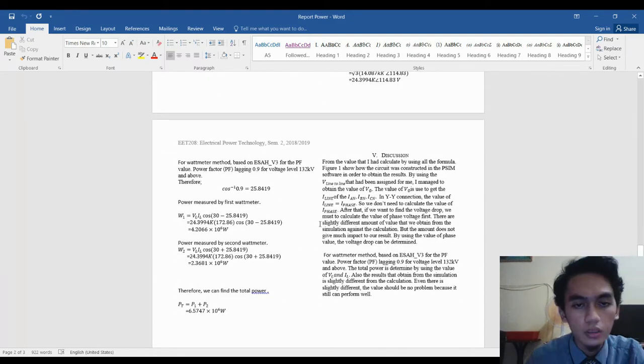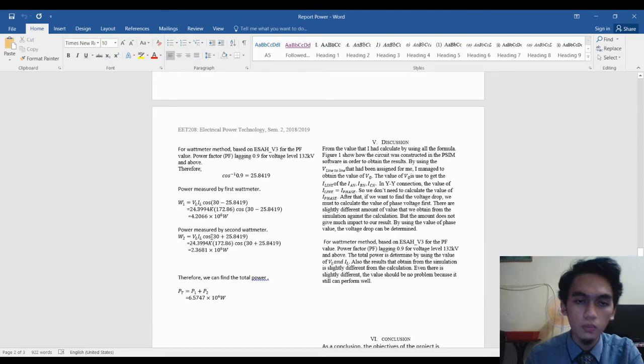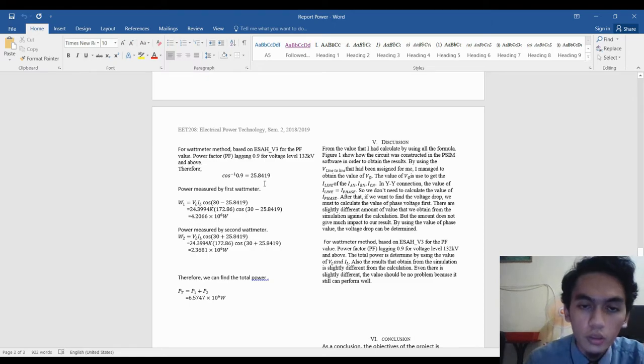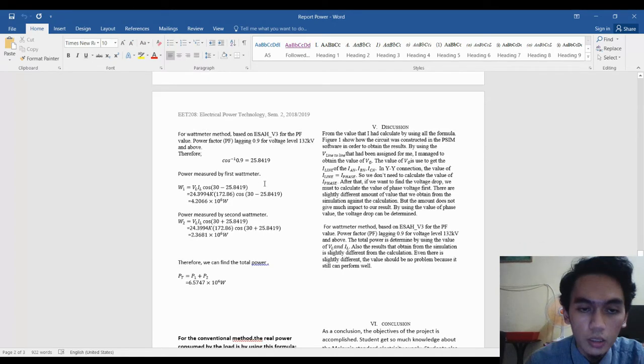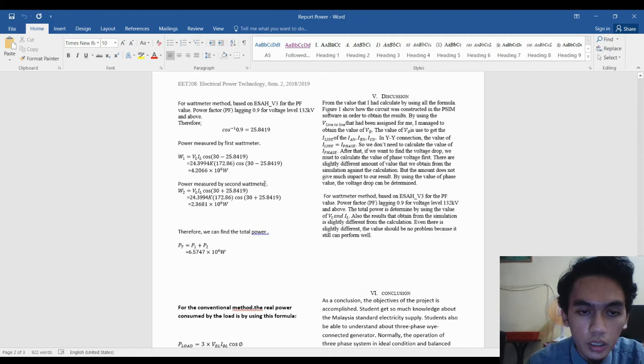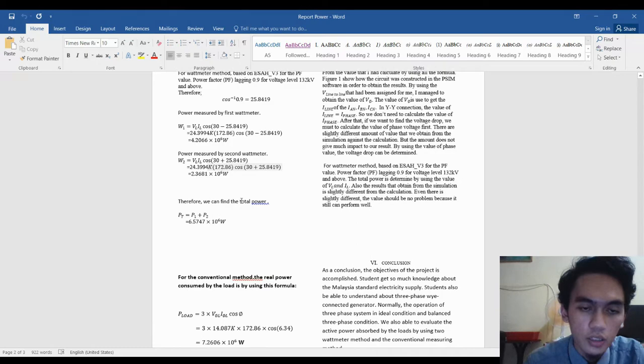For the wattmeter method, based on the handbook, we use cos inverse of 0.9, where we will get 25.8419 degrees. The power measured by the first wattmeter is 4.2066 times 10 to the power of 6 watt, and the second wattmeter is 2.3681 times 10 to the power of 6 watt.